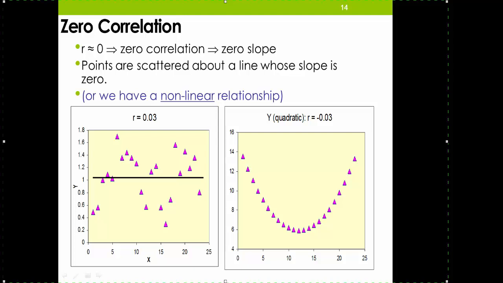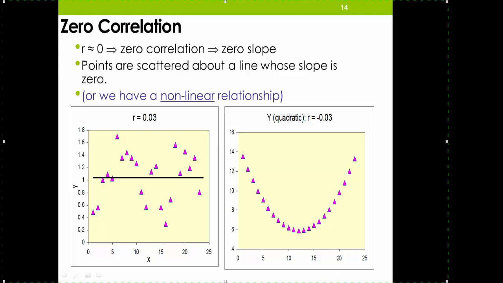So whilst the second chart here shows a very strong quadratic relationship, it is not a linear relationship, and so our correlation coefficient reflects that. So in that sense we need to be careful that a correlation coefficient is not telling you that there's no relationship at all between the variables, just that there's no linear relationship.